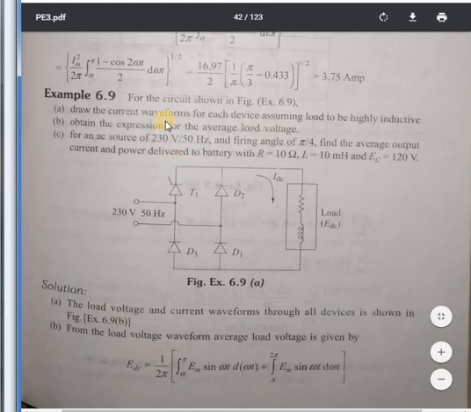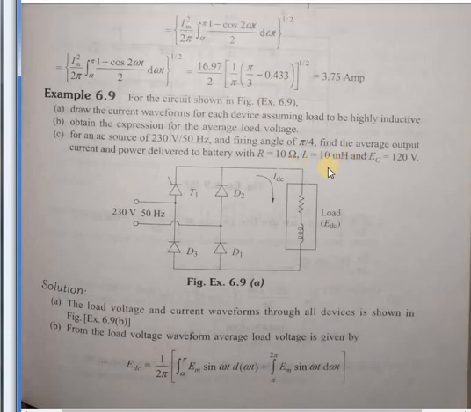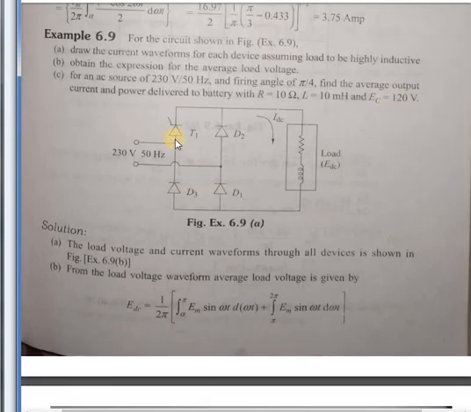Here, another question is: draw the current waveform of each device, assuming the load to be highly inductive, and obtain the expression for the average load voltage. The AC source voltage is 230 volts 50 hertz and the firing angle is pi by 4, that is 45 degrees. The current is delivered to a battery, where R is 10 ohms, L is 10 millihenry, and E is 120 volts.